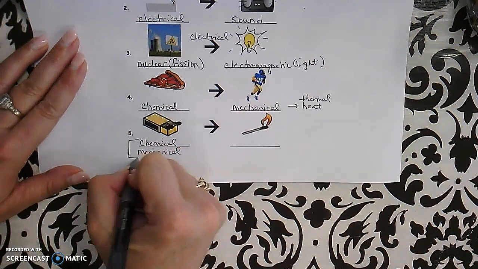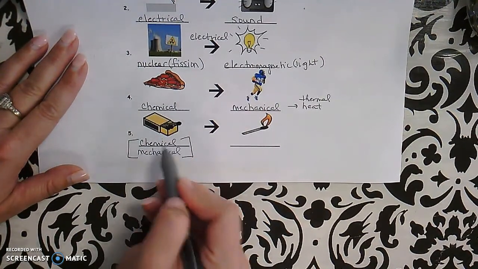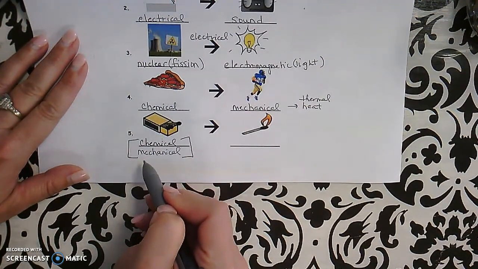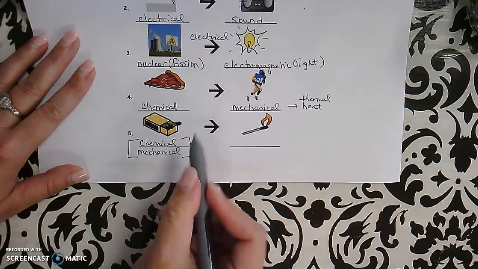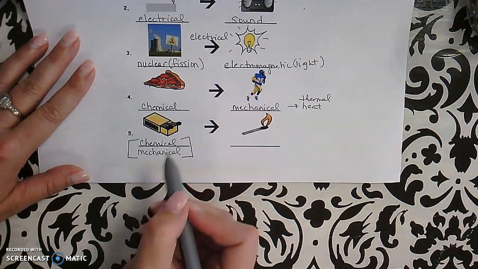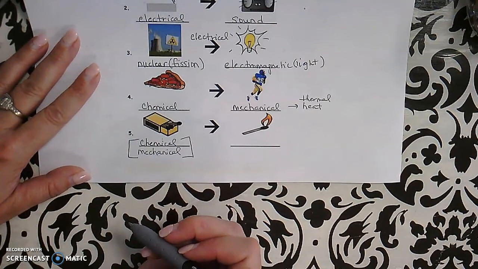We must have both of those. We must have the chemical energy and we must have the mechanical energy of striking the match in order for the match to light. If it were just a stick of wood, it would not light. And if it just sat there in the box, it would not light.